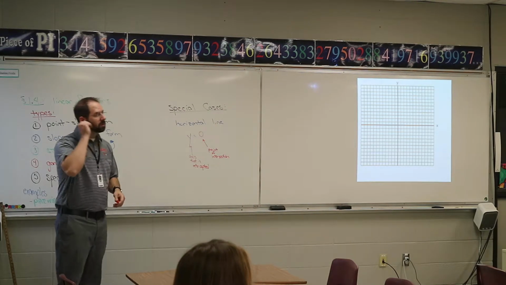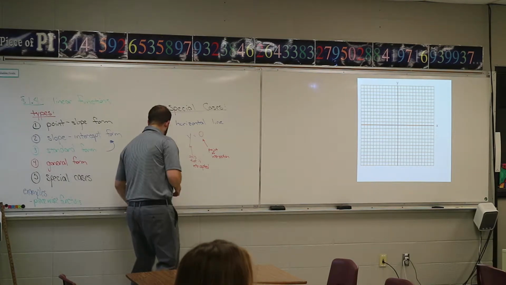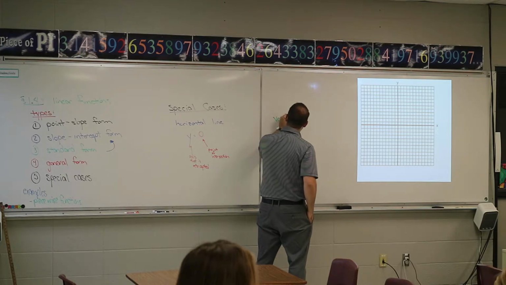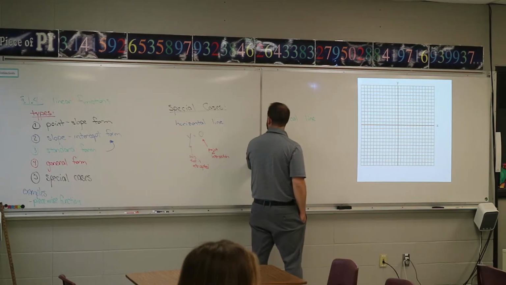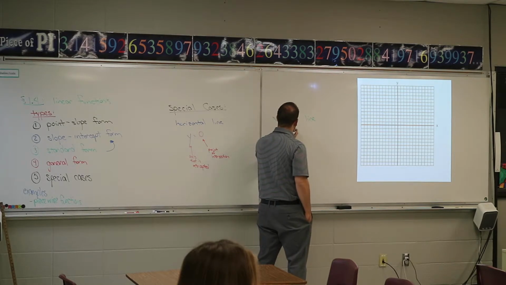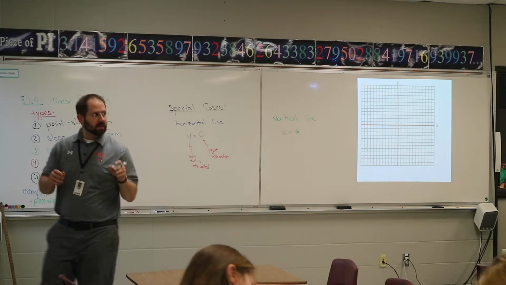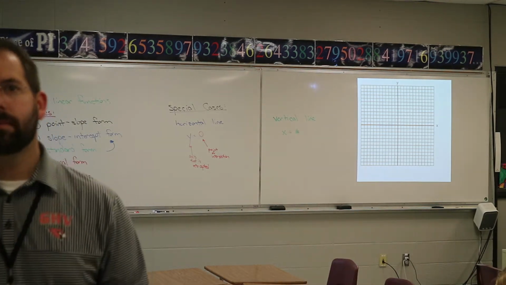Okay, do we understand what a horizontal line is? Okay, second one is a vertical line. Vertical line, you can probably already tell, it's x equals a number. Because you're only hitting the x-axis, and you're only going to be intercepting at that one location.